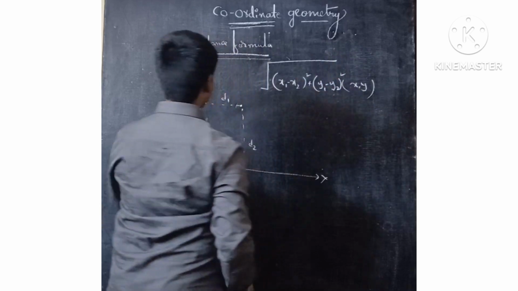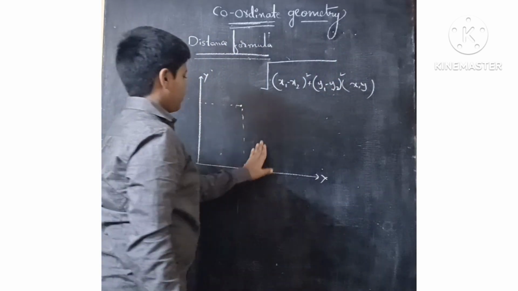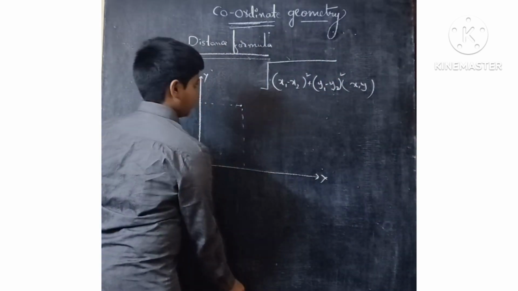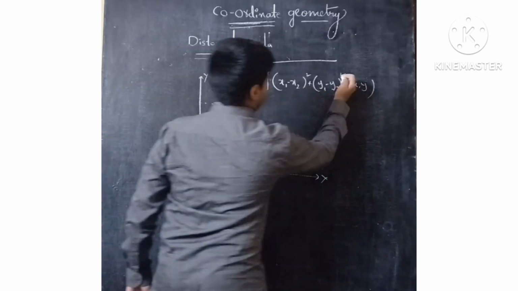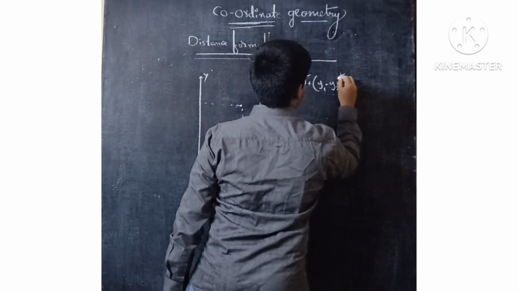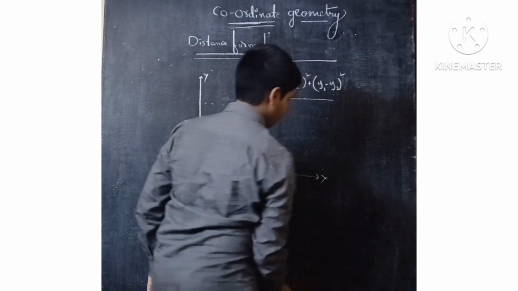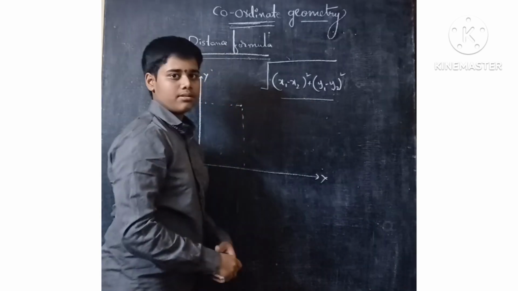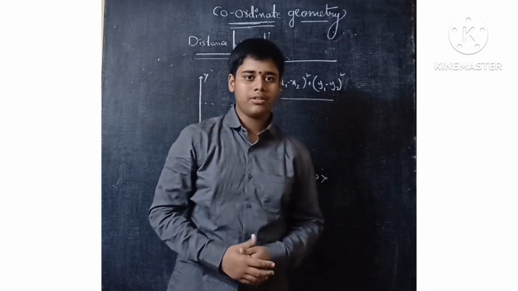This is the formula, and the proof is in the next class. So remember this formula, and in the next class I will tell the proof and some examples. And this is today's topic.